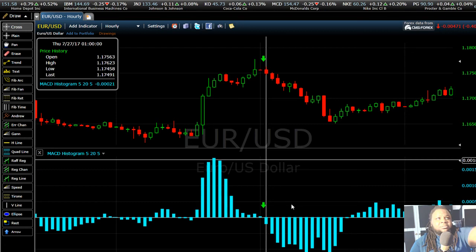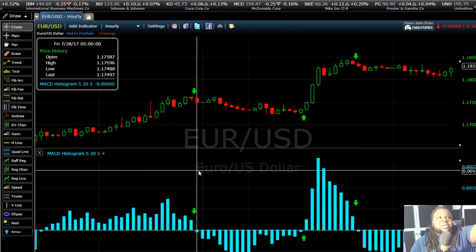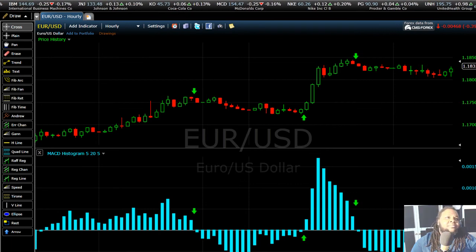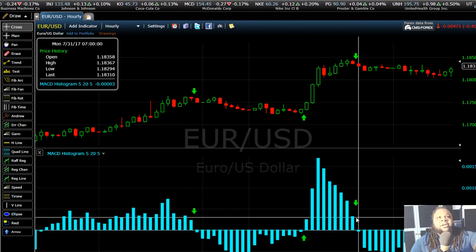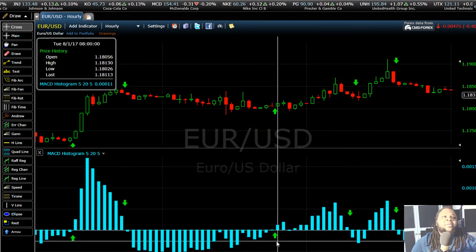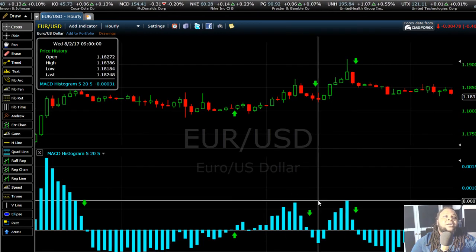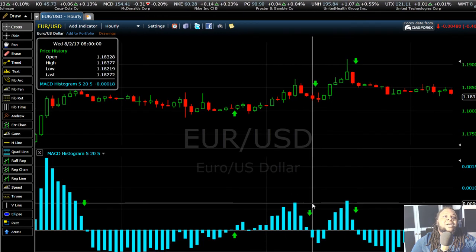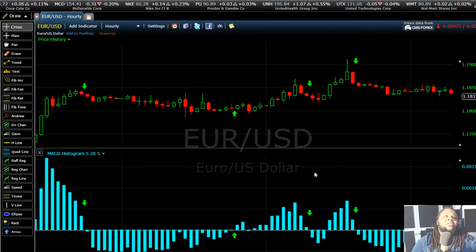right here, this would be 1 ITM. Right here, this would be 2 ITMs. Right here, this would be 3 ITMs. Right here, this would be 4 ITMs. Right here, this would be 5 ITMs. Right here, this would be, I got these candles lined up wrong. So this will actually be the candle, and that would still be ITM.